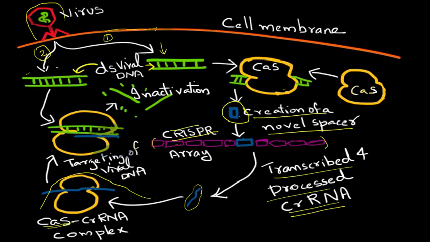And when it comes, this sequence is recognized because it is complementary. This spacer is complementary to that virus, so this will recognize the virus as the previous one, and once the complementary strand is hybridized or base paired with the viral double-strand DNA, it is cut by the endonuclease in Cas, and the viral DNA is inactivated.